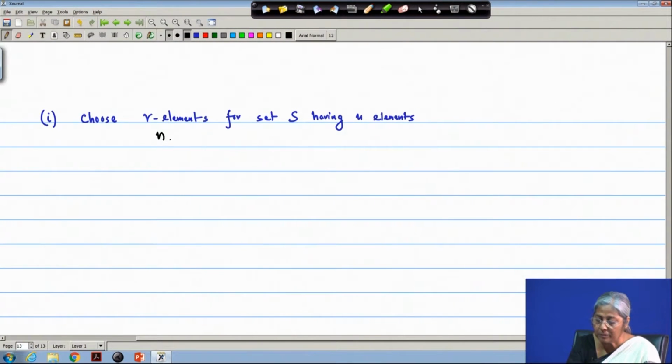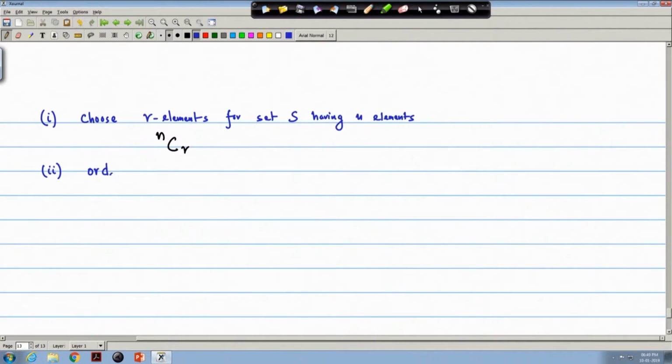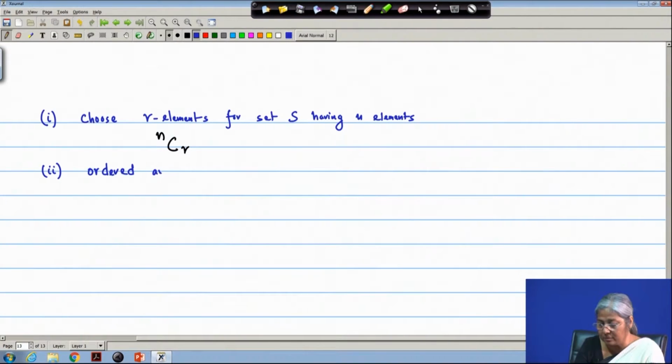This is nothing but my n choose r. And the second one, arrange. The arrangement is an ordered arrangement in some order, so that I can write, that is my permutation. So, the second one I wrote, the ordered arrangement. According to the definition, that is nothing but my PNR.